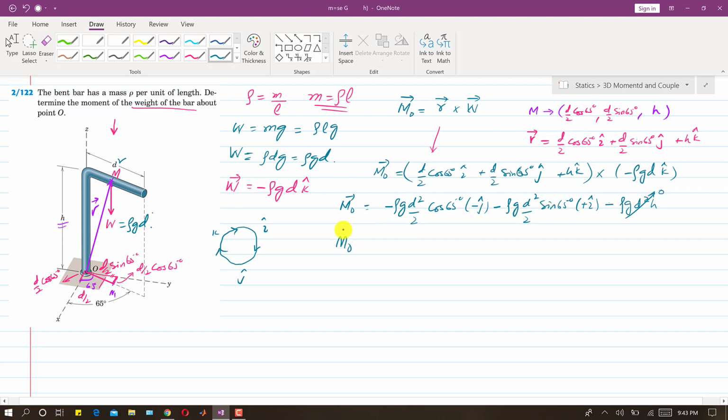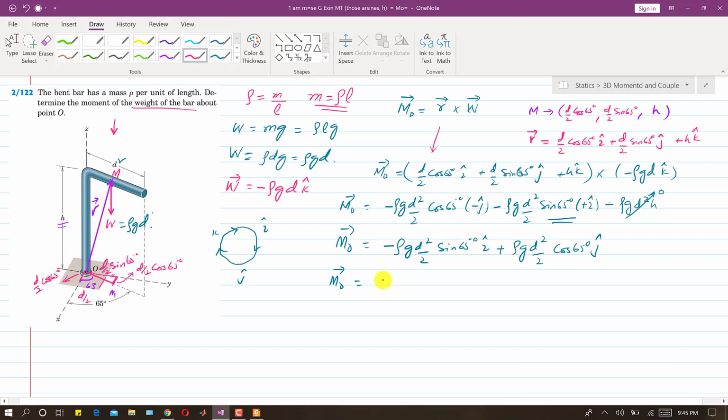So this term becomes 0, and we will be left with these two components. The moment about O will be, writing the i component first, minus rho g d square divided by 2 sine of 65 degrees along i, and minus rho g d square divided by 2 cos of 65 degrees, and this is positive j, since minus into minus is positive.